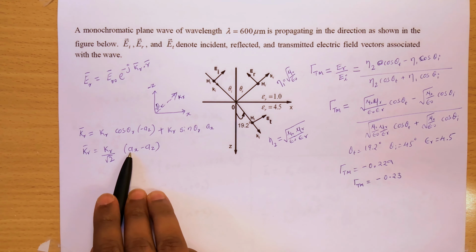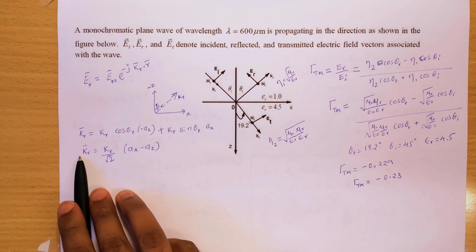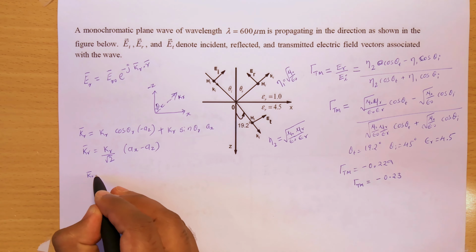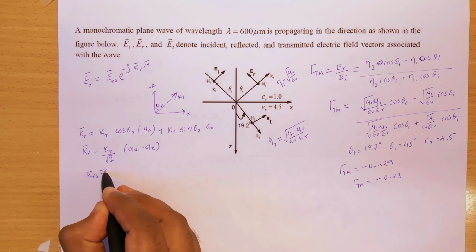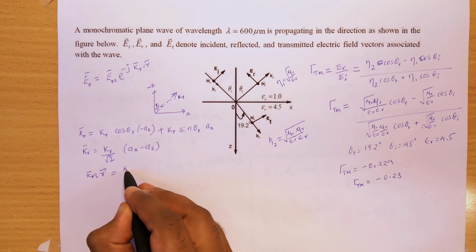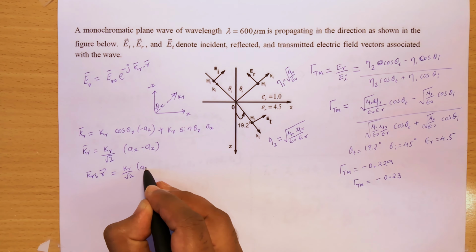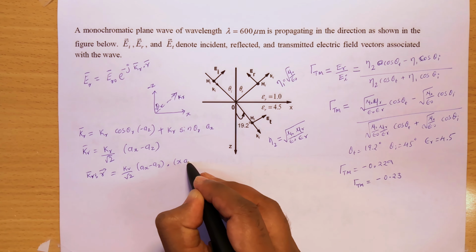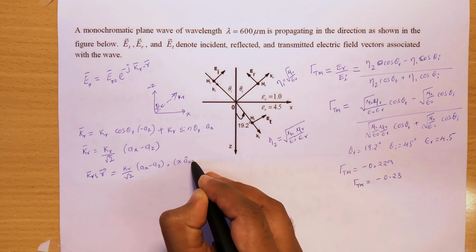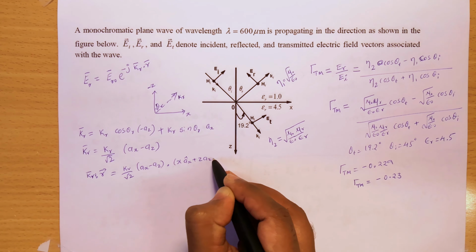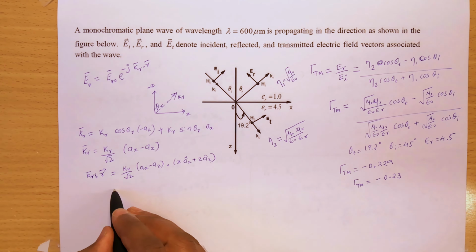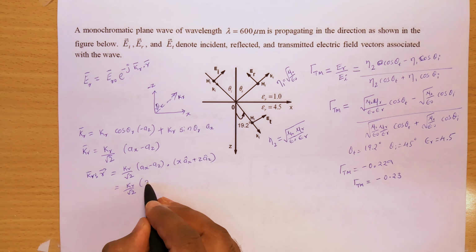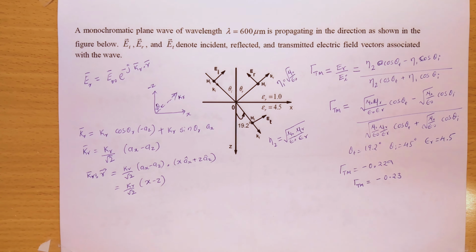This is the k vector, and then you find what is k vector dot r, which is kr by root 2 ax minus az, dot product of x ax plus z az. So this turns out to be kr by root 2 x minus z.